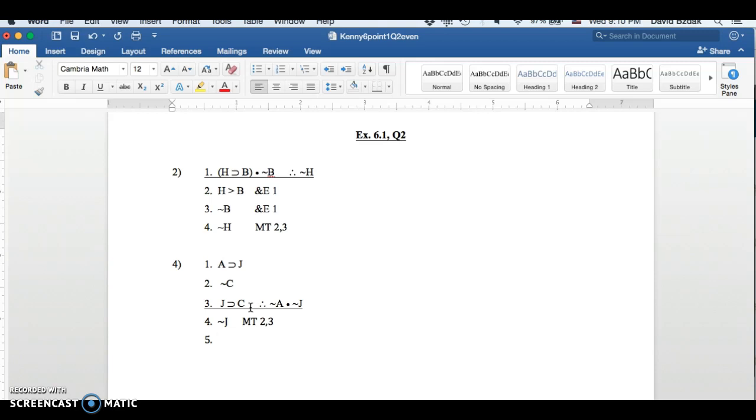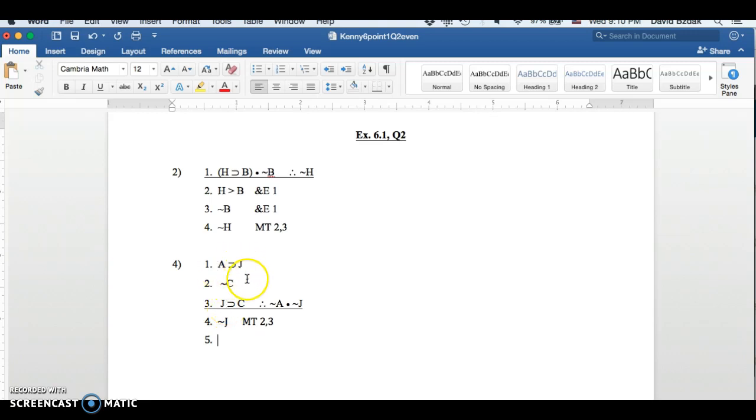The other derived rule that we can use here is the rule called hypothetical syllogism. Hypothetical syllogism takes as input two conditionals. And not just any two conditionals. It has to be two conditionals where the consequent of one conditional is the antecedent of another.